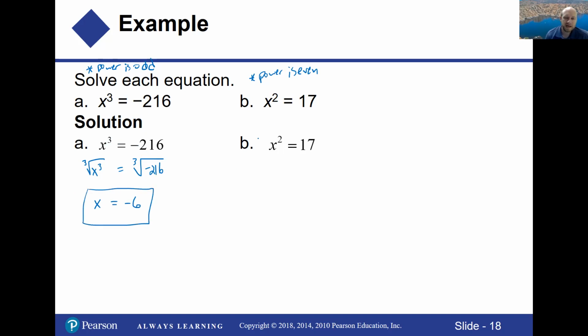But if I have an even power, as we learned earlier in the chapter, you can have two different numbers that give you this answer.